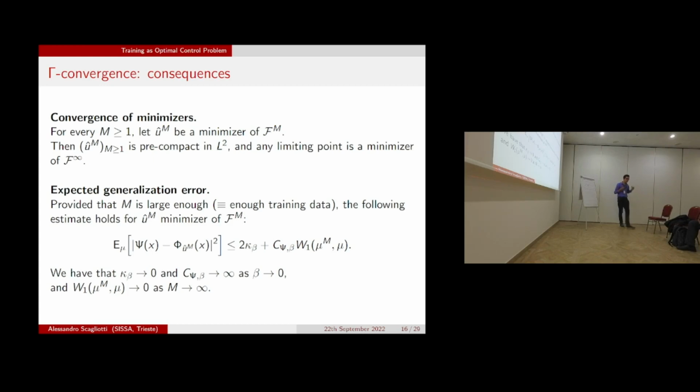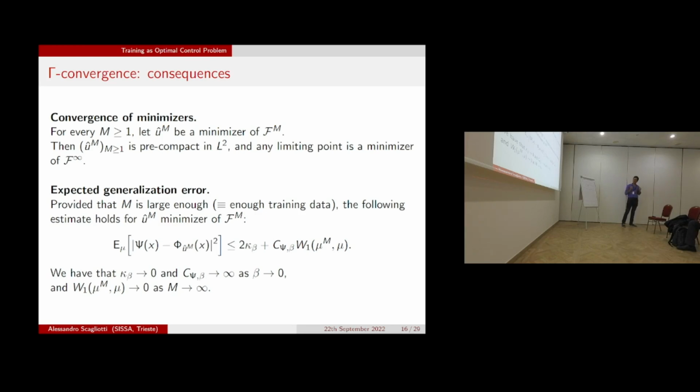So what do you do? You prove a priori that the minimizers of all the F_m are uniformly bounded. So it's not restrictive to work on a bounded ball of L2 with the weak topology, but this time it is metrizable, and so we can work with gamma convergence.